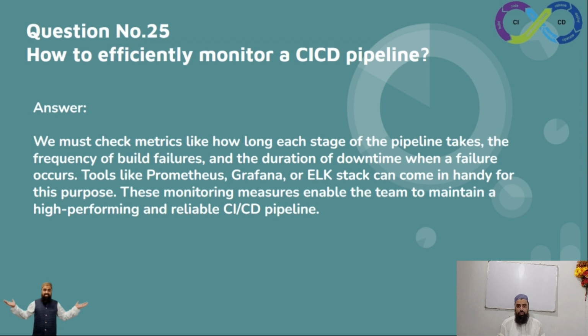The longer the duration of failure, it means something is wrong. And I have discussed the tools, Prometheus, Grafana, and ELK, Elasticsearch, Logstash, Kibana, which can come in handy for this purpose. These monitoring measures enable the team to maintain a high performing and reliable CI/CD pipeline.